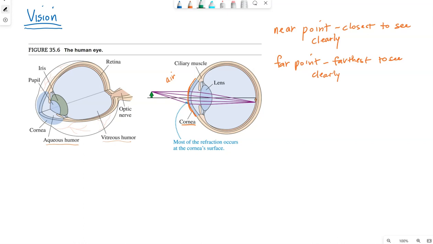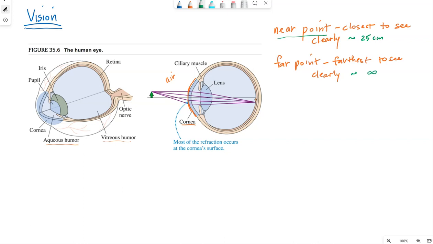When we're young adults with normal vision, if that is the case, our near point is typically around 25 centimeters. Our far point, we say, is roughly infinity.